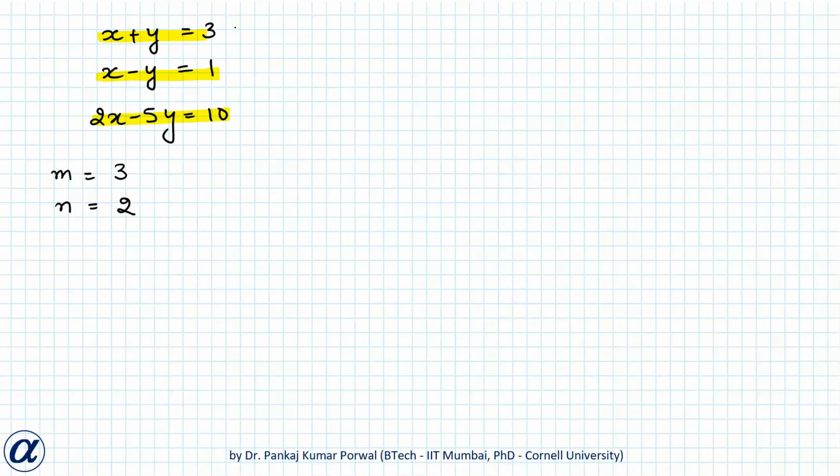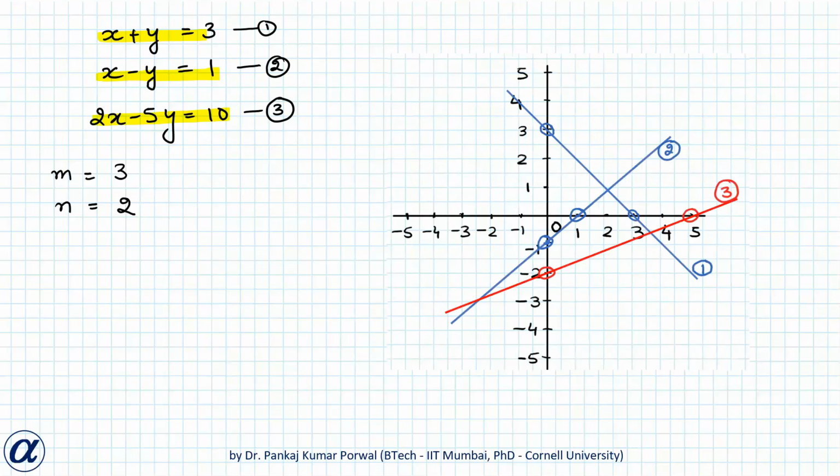Let's call these equations 1, 2 and 3, and if I plot them on a 2D plane, then I will get these lines. Here note that equation 1 is denoted by line number 1, equation 2 is denoted by line number 2 and equation 3 is denoted by line number 3.